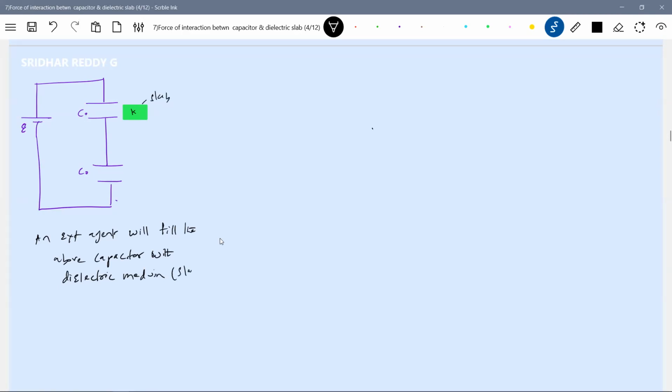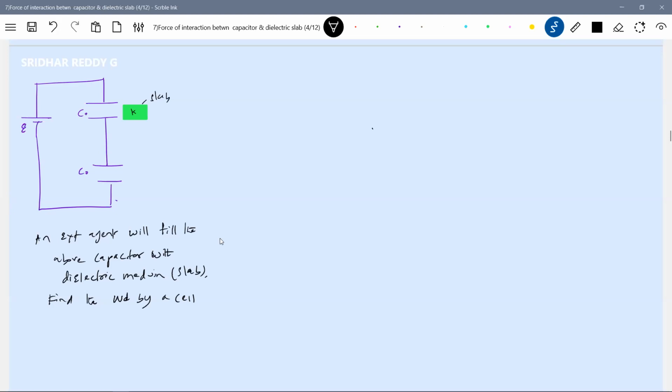Find the increment in charge, find the work done by the cell. We'll compare things, we'll just learn what all changes will happen here.